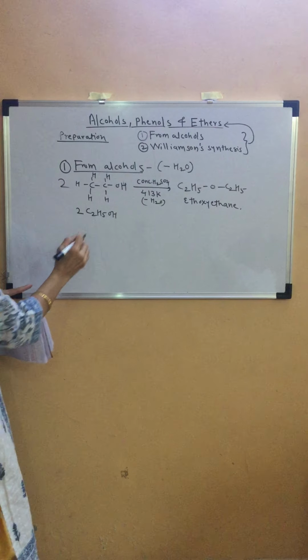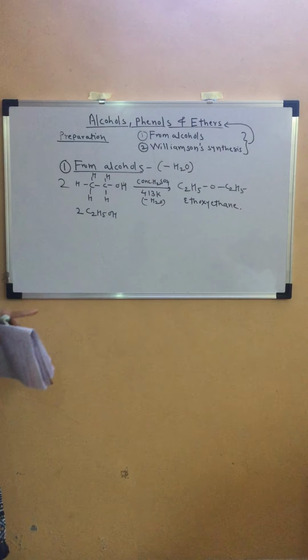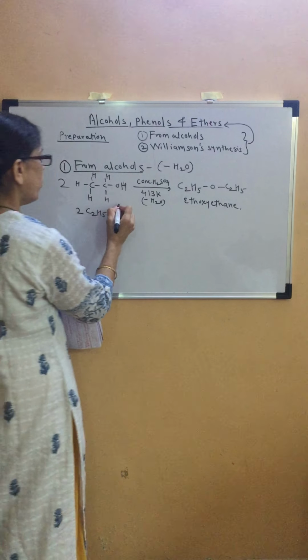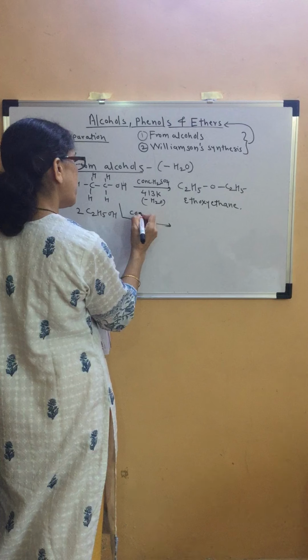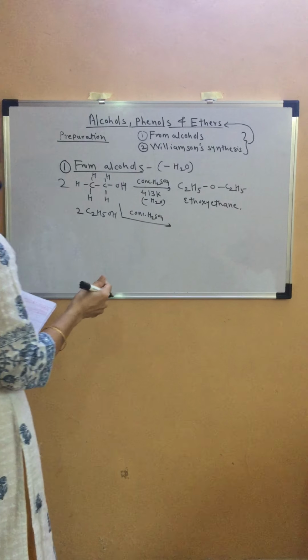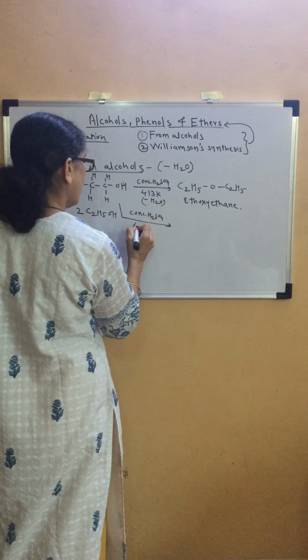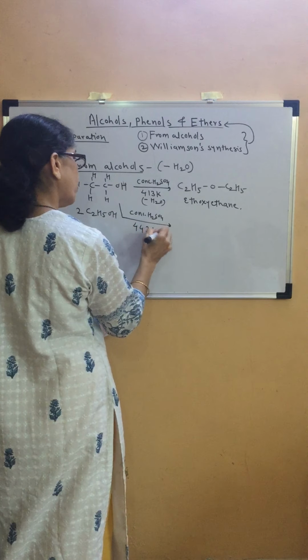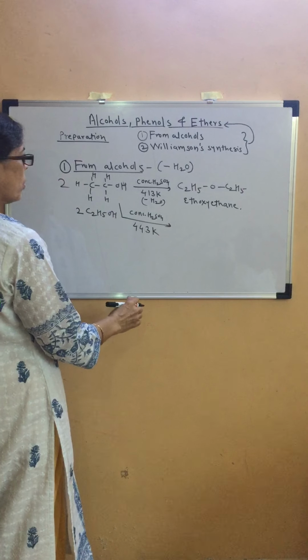Now, instead of heating this with concentrated H2SO4 at 413 Kelvin, if you heat the same alcohol with concentrated H2SO4 at a higher temperature, that is 443 Kelvin, again dehydration will take place, loss of a water molecule.